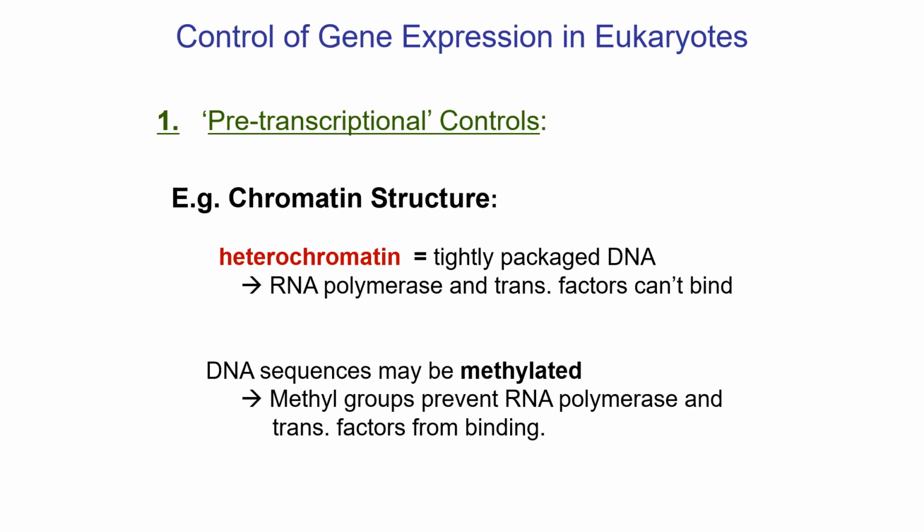This is something known as epigenetics, which I won't get into right now, but it's the idea that you can turn off certain genes by compacting them, and that's actually inherited. When the cell is replicated, those turned off genes will remain turned off in the daughter cells as well.